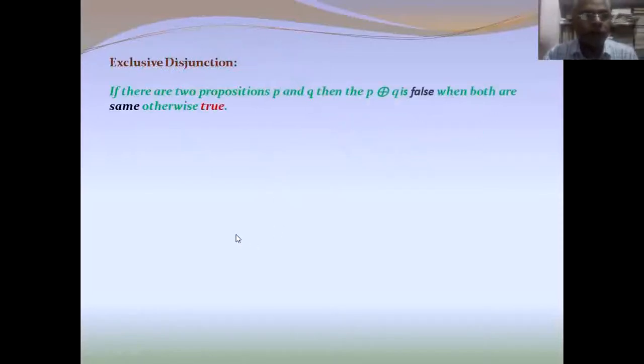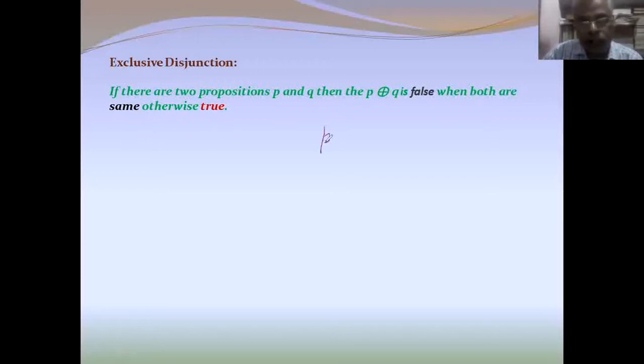The next connective is exclusive disjunction. The definition of exclusive disjunction is: if there are two propositions P and Q, then P exclusive disjunction Q, also known as XOR, is false when both are the same, otherwise true.